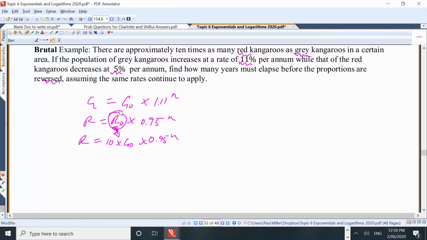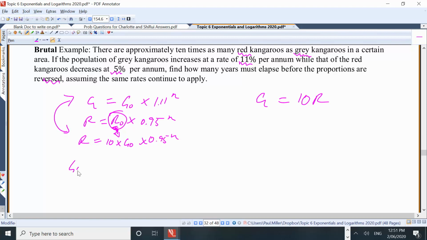All right, now how to proceed from here? Well, what I want to have happen here is that at the end of this, I want the grey kangaroo population to be the same as 10 times the red kangaroo population. So what I'm going to do is set up these equations here like that.